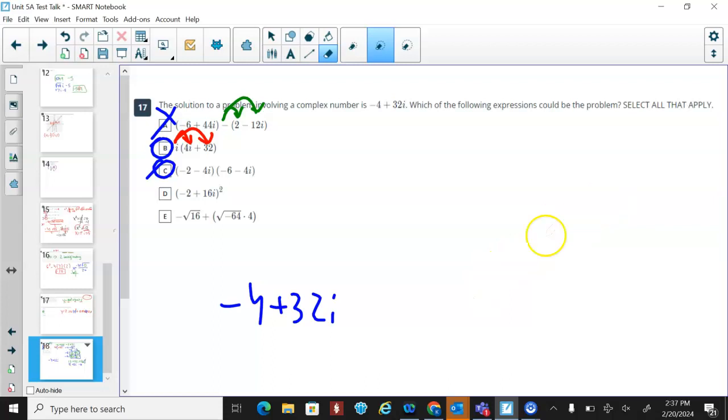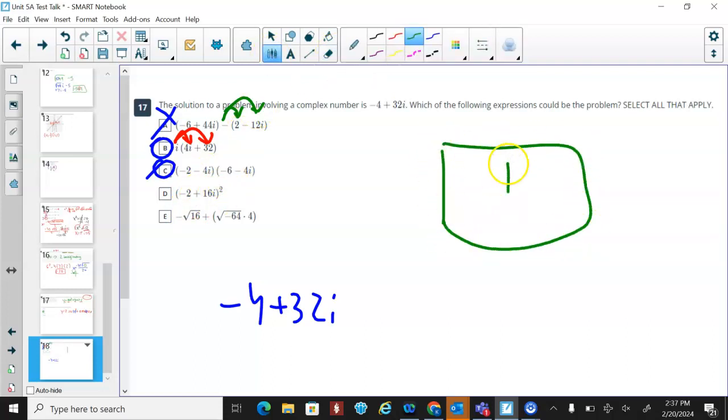Okay. Now, D, let me do D. So D, it does not mean you distribute the 2. No, it does not. It means there's 2 of those. So that means you also have to do a box method and multiply this twice. So -2 and then plus 16i.